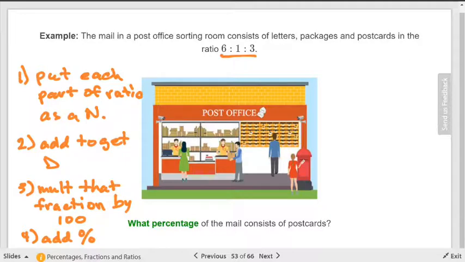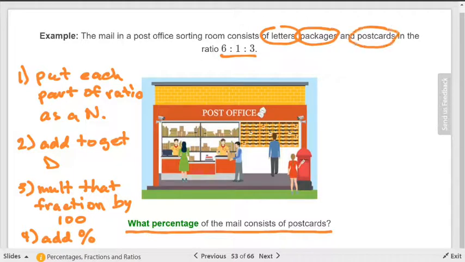Okay? So what percentage of the mail consists of postcards? So we're only interested in postcards. Which is the first one? Nope. Second one? Nope. Third one. So that number is what? 3. Over. Now how do I get the denominator? Add them all together. 6 plus 1 is 7, plus 3 gives me 10.